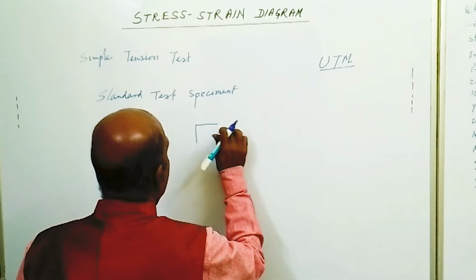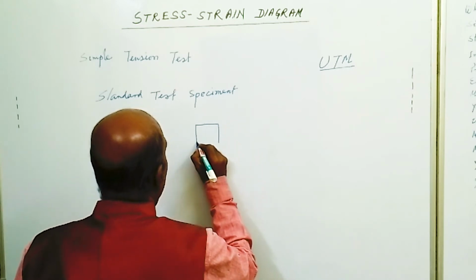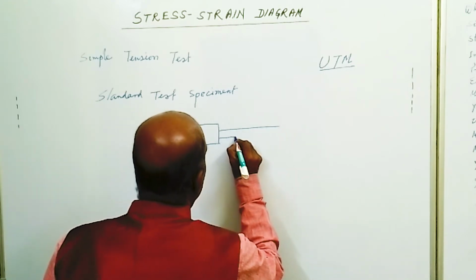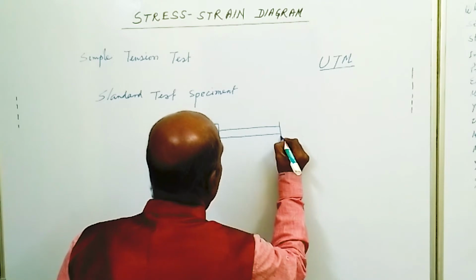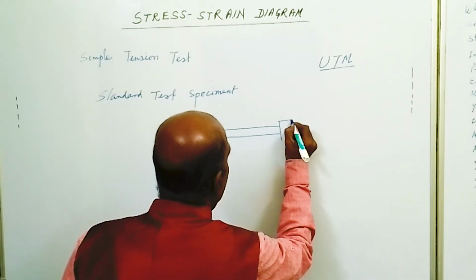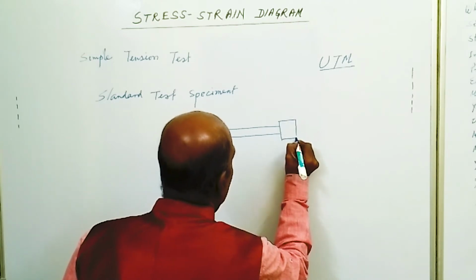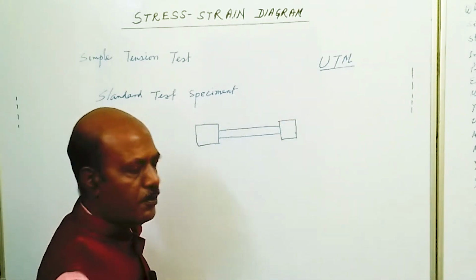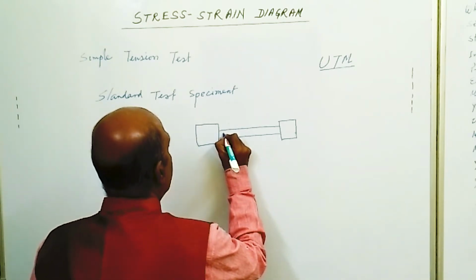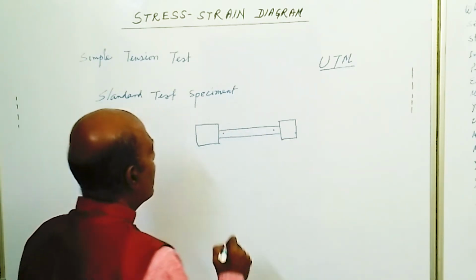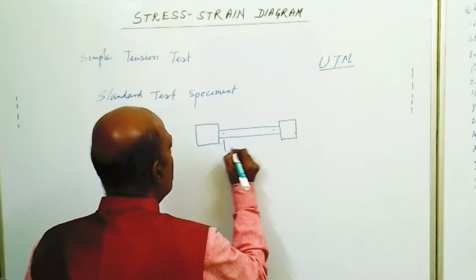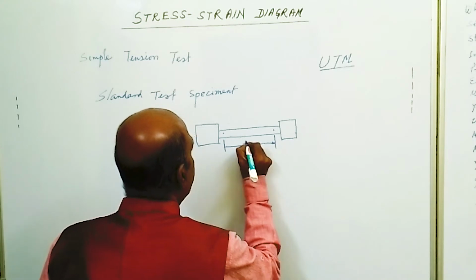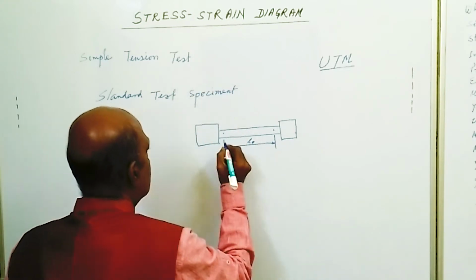At the ends the diameter is more, after that the diameter is less, and it remains the same throughout the center, a uniform diameter. Before testing, 2 points are marked here. The length between these 2 points is called the gauge length, or L0.